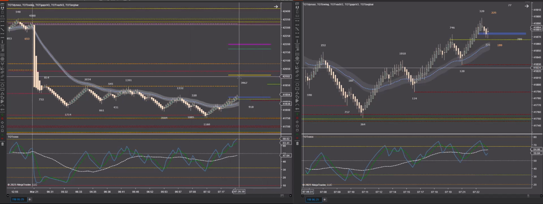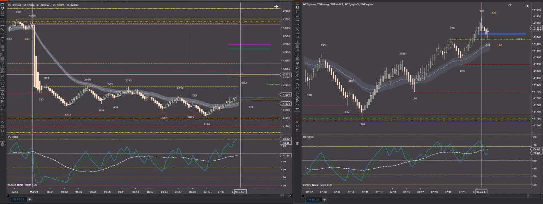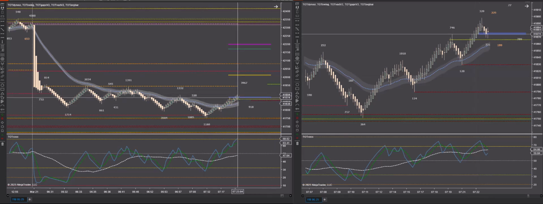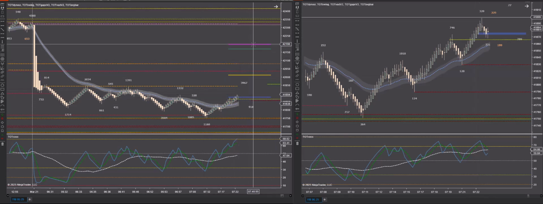So we're most likely going to come back up to that yellow span, and whenever you see that pink span start to come into your chart, if it's visible, it starts becoming a magnet. Usually it'll go blue, yellow, green, pink.